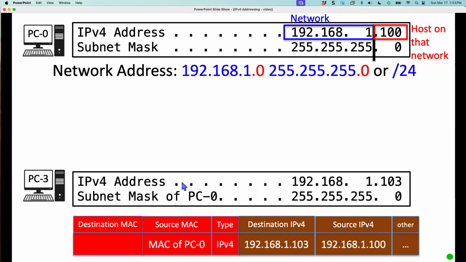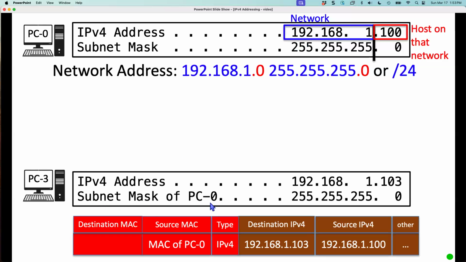Now, when it looks to determine the network address of the destination IP address, it does not know its subnet mask. But it does know this. It says, hey, destination IPv4, 192.168.1.103. I know that if you were on my network, you would use the same mask as me.